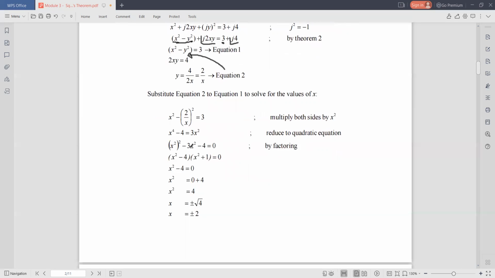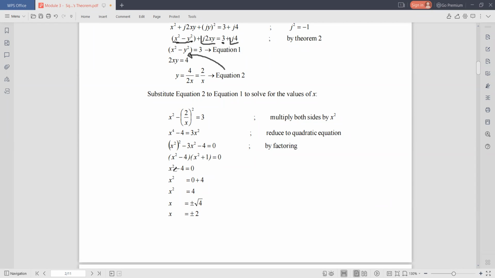Then, we factoring, no? So we reduce it into a quadratic equation and we factor it out. So in this case, we have x squared minus 4 times x squared plus 1. Okay, so we reduce the quadratic equation, but in this case, wala tayong ginamit na, no? Hindi tayo gumamit ng quadratic equations here. We factor it out, no?